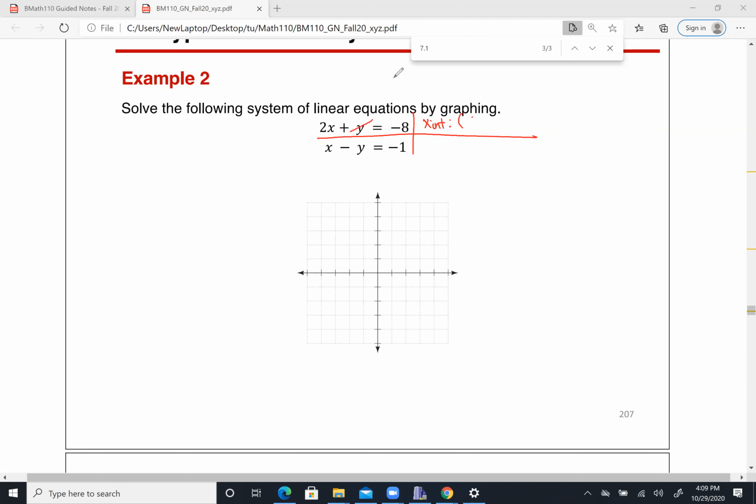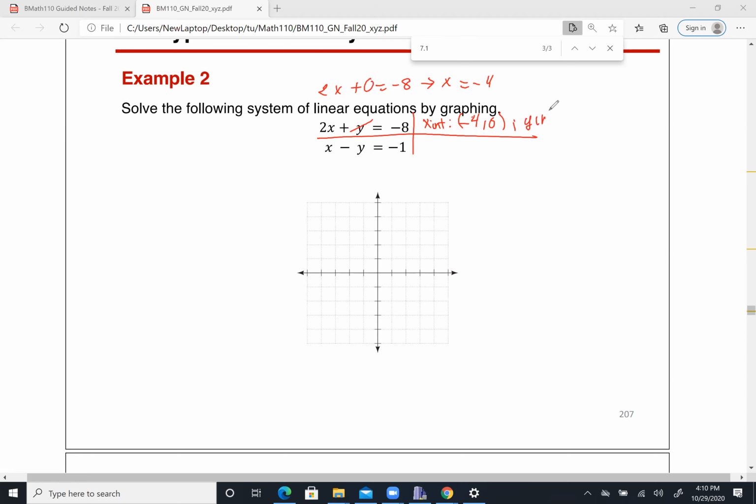So now you have 2x plus 0 equal to -8. Then you're gonna have x equal to -8 divided by 2 is -4. So I have (-4, 0) as the x-intercept.